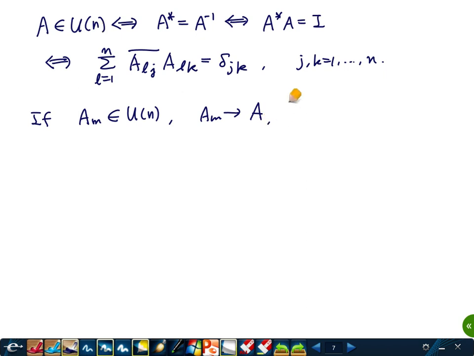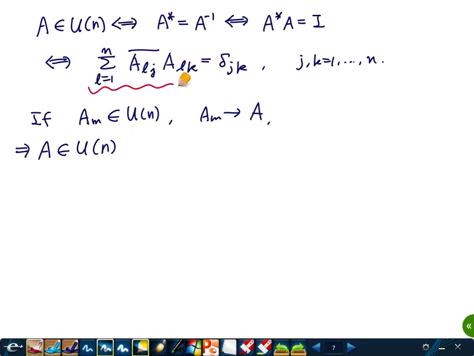It will be easier if you can conclude that this is indeed a unitary matrix. Is this unitary? Yes, it is. Why?